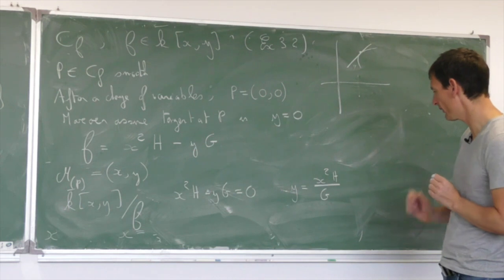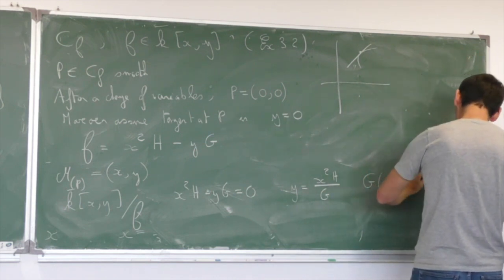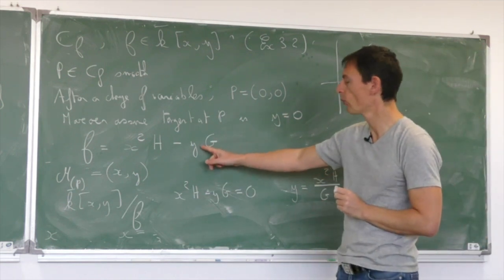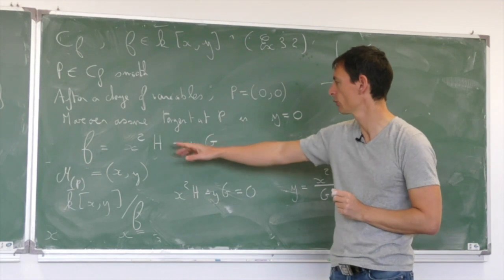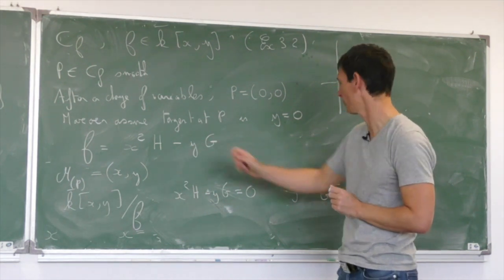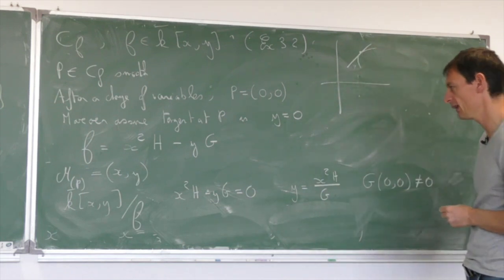But g at 0, 0 cannot be 0, because otherwise it would mean that y would not be the tangent. If you compute the derivative, it means that g at 0, 0 can't be 0. So if g at 0, 0 is not 0, I can invert it.